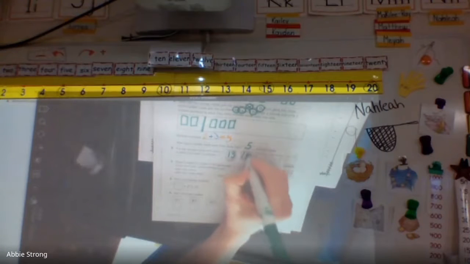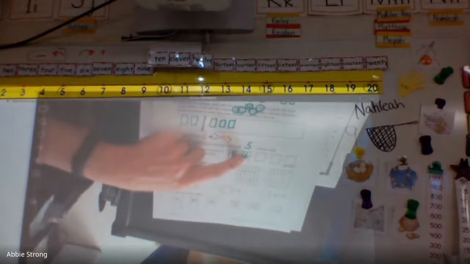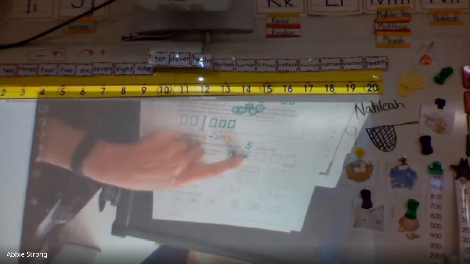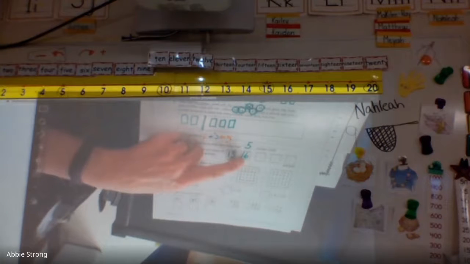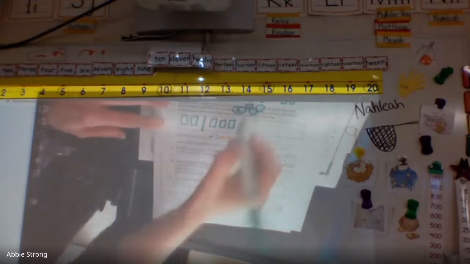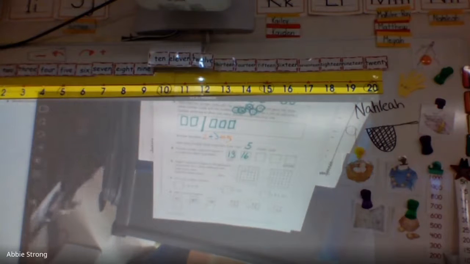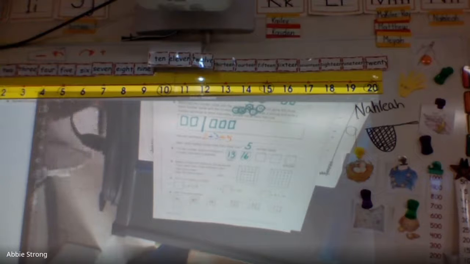A 1 and a 6 says 16. We know 16 is bigger. It has the 6 in the 1 spot. Now cross off the 16 in your story problem. We're done using that one. And write 16 in your box.